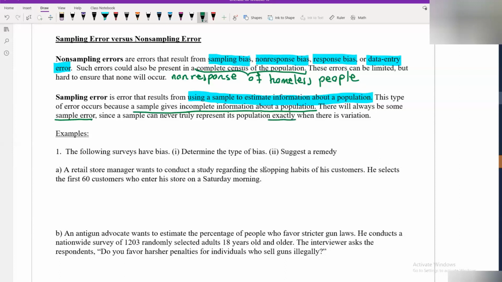So it's not exact, that is only an estimation. Later you're going to see that we are going to work on finding the margin of error. We are going to subtract and add to find the result. That is E. So we will have that later.